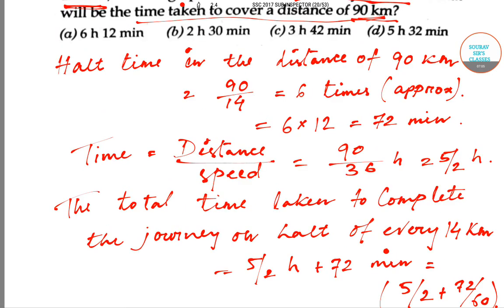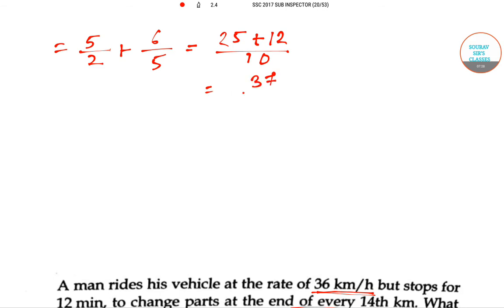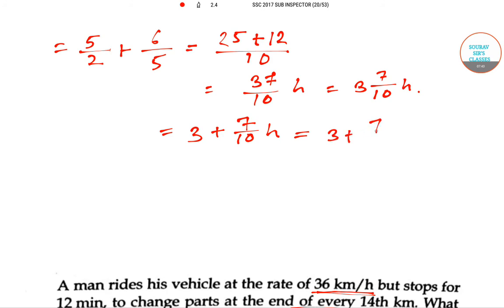Okay, now I'll do the rest part here. By solving this we can write it as 5/2 plus 6/5, that is equal to 25 plus 12 by 10, that is equal to 37/10 hour, which is 3 and 7/10 hour, that is 3 plus 7/10 into 60 minutes.